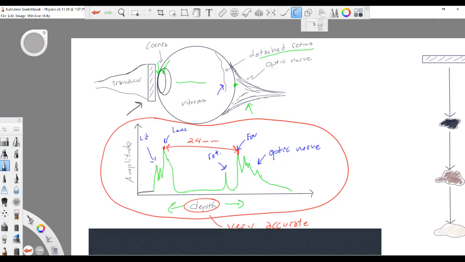And then the strength of the amplitude is shown by the height of the peak. So it looks like the lens in my picture has the highest amplitude echo, and the fovea in my picture had the second highest amplitude echo. And that's pretty much it.